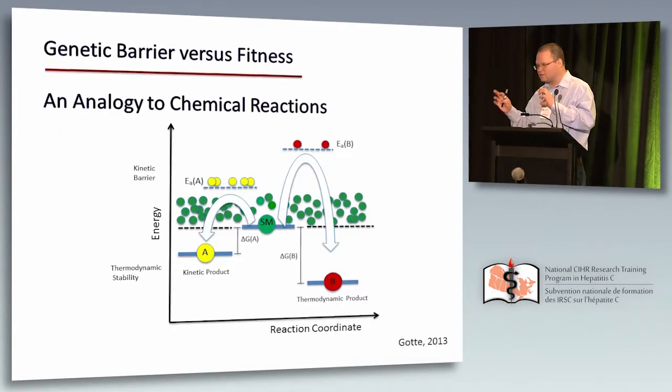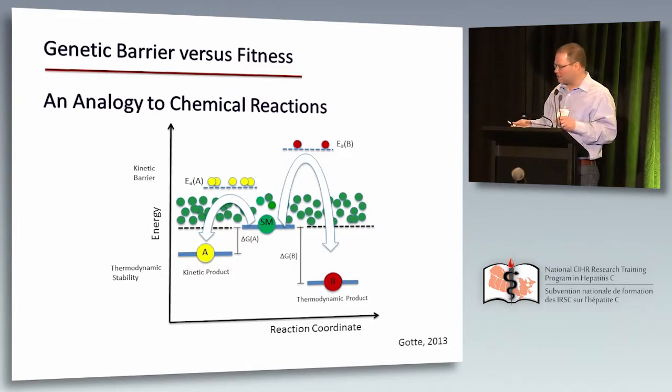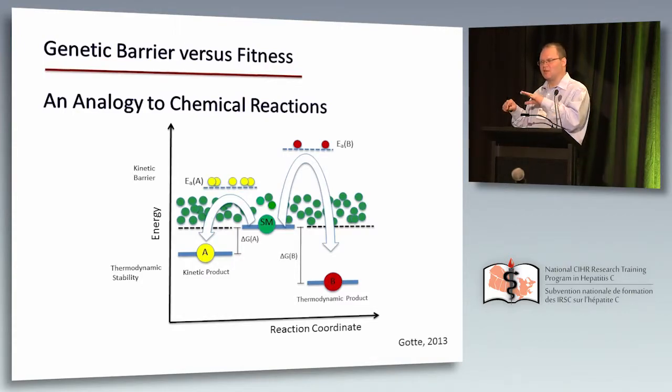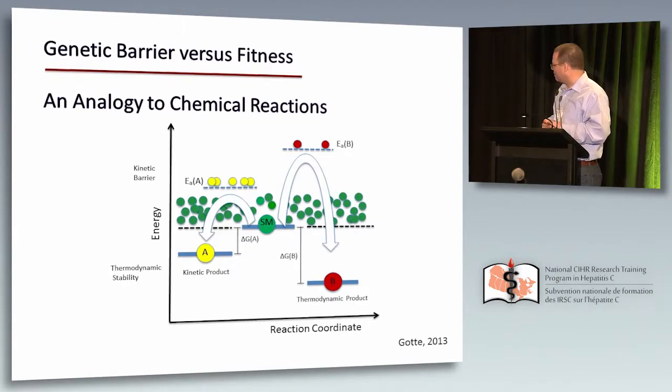So to better understand the contribution of genetic barrier versus fitness, this is an analogy here to a chemical reaction, and you may remember this from a couple of years ago, in my case maybe 30 or so. So this is the starting material here, and in order to generate the product, you always need to overcome a certain activation energy that can be lowered by catalysis, by heating up the starting material, and so forth.